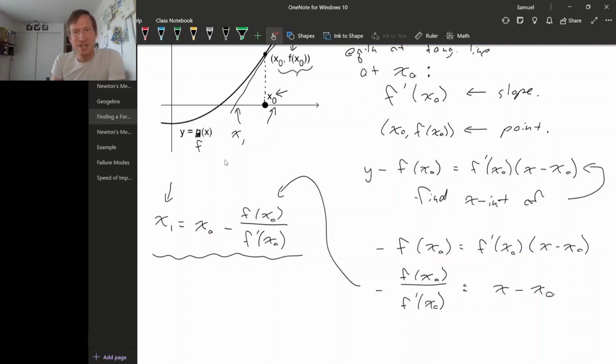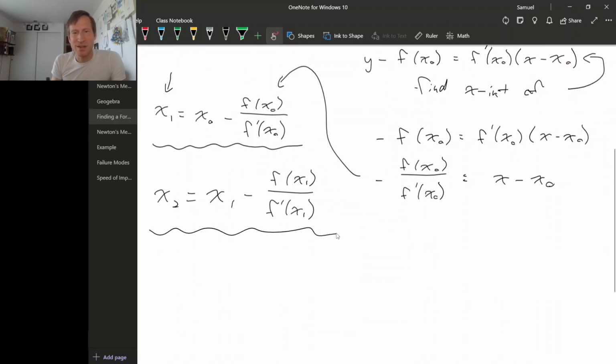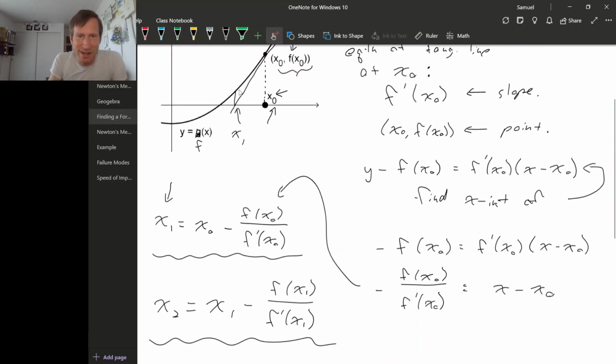If we want to find what x sub 2 should be, we should just use this exact same formula, except instead of x sub 0, we should be using x sub 1. So x sub 2 would be x sub 1 minus f of x sub 1 over f prime of x sub 1. Up to the graph, down to the x-intercept. There's x sub 2.